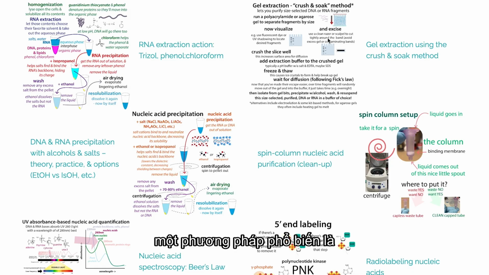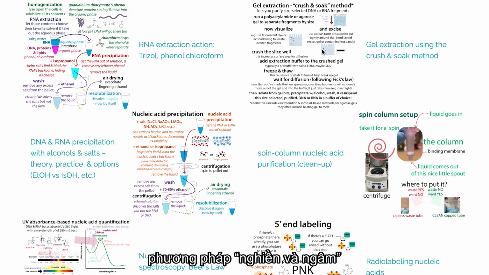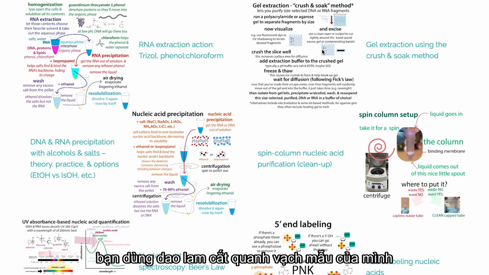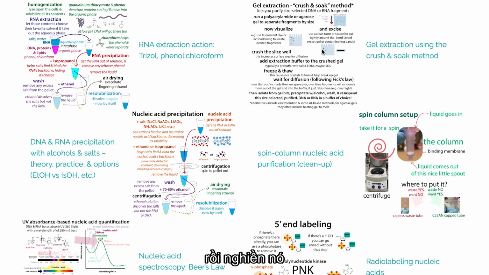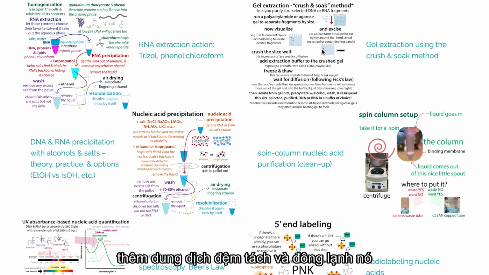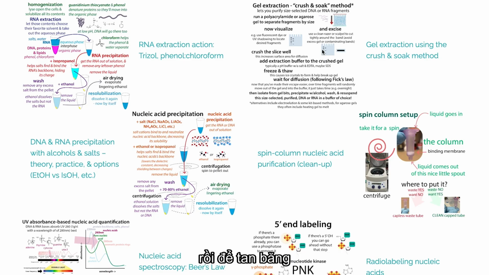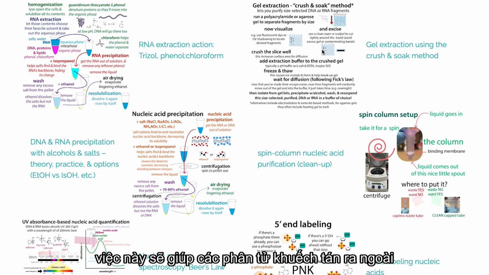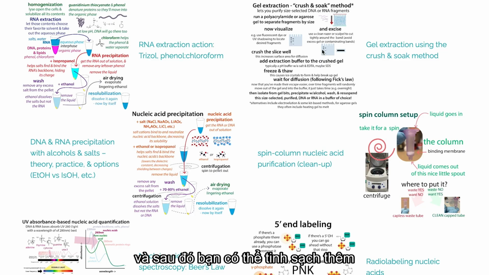So one common method is this crush and soak method, where you basically use a razor and you cut around your band and then you crush it with a pipette tip. You kind of just crush it against the walls of the tube. You add some extraction buffer, you freeze it, and then you let it thaw. And this is going to help the molecules diffuse out, so just wander out.